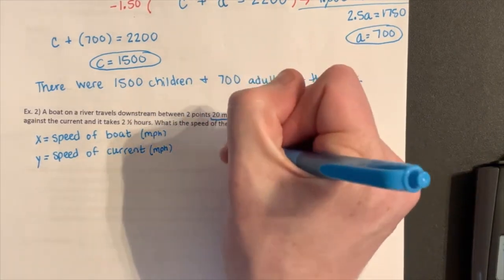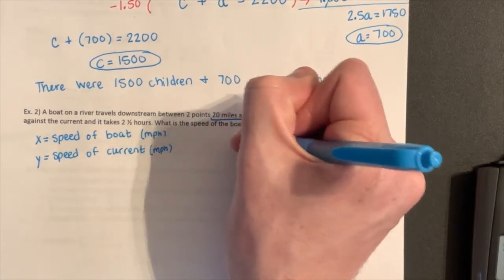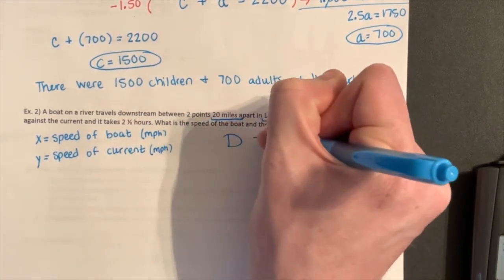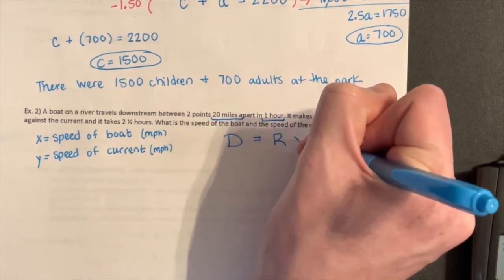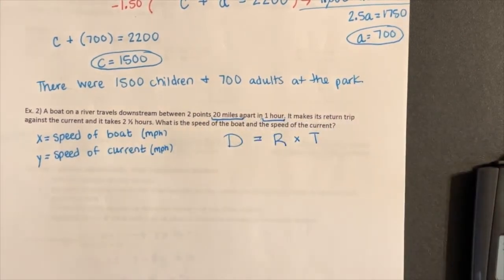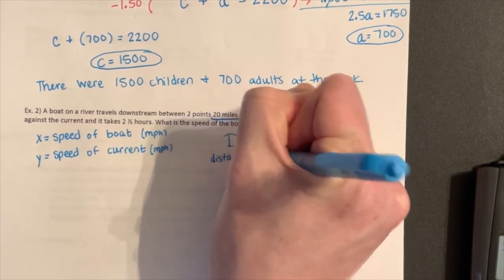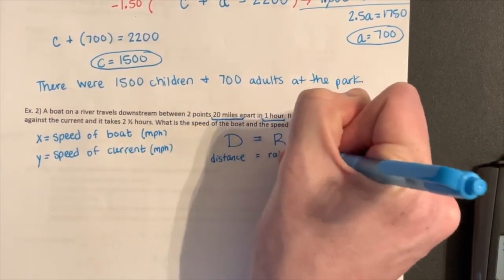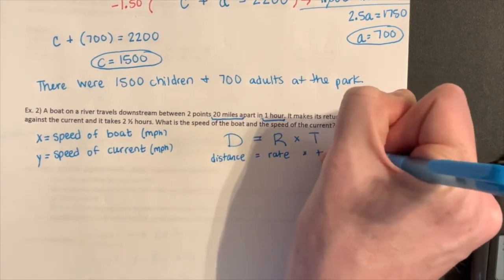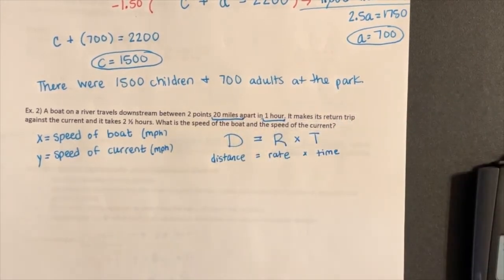And if you recognize that this is really a distance equals rate times time kind of problem, that's our formula. So distance equals our rate times the time. I can organize this information based off of that one equation.